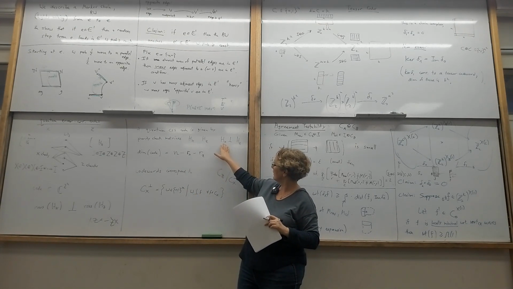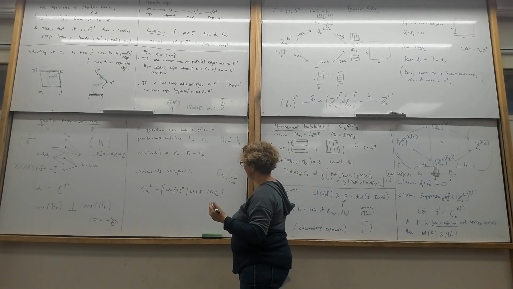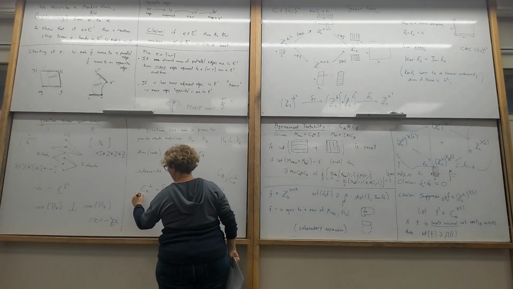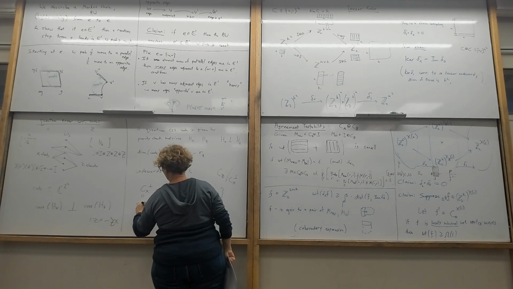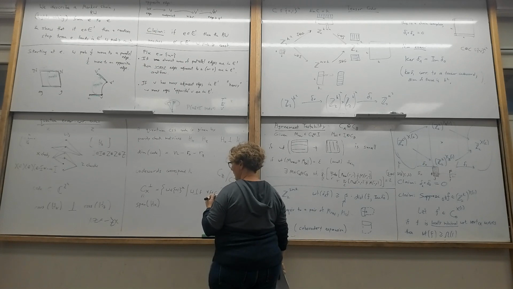And the fact that HX, the parity checks of X, are exactly the guys that span C perp. This is the span of HX. Why is that?